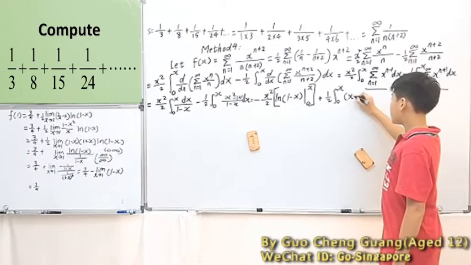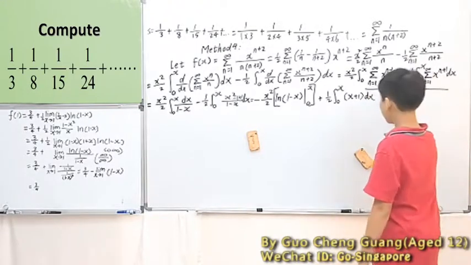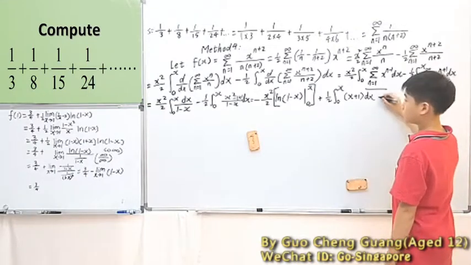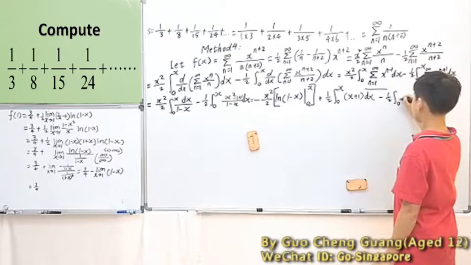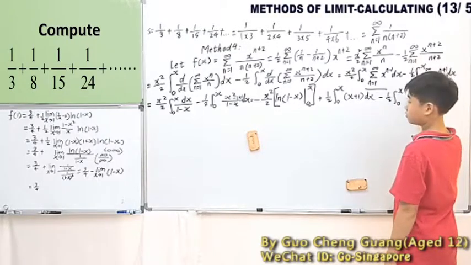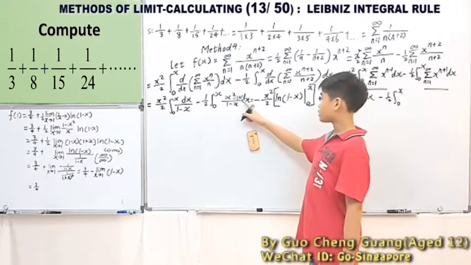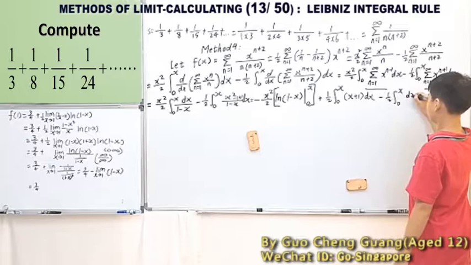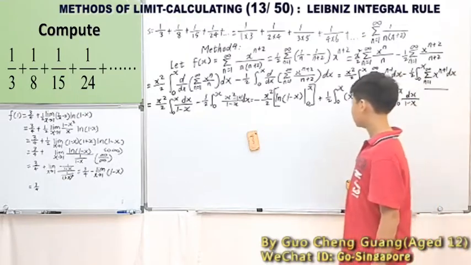And this part is x plus 1, and dx. And behind, still a minus, so half, integrate 0 to x. Then what happens? So plus 1 over 1 minus x, dx.